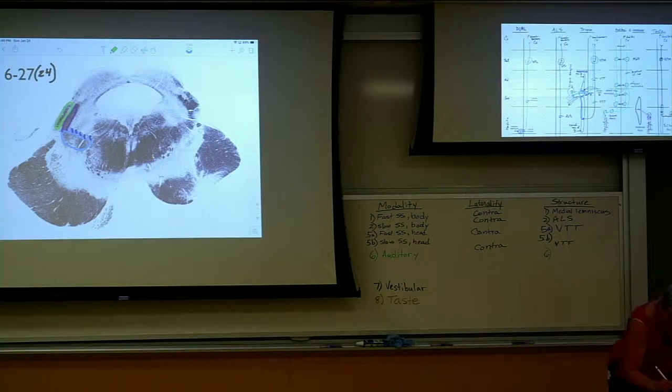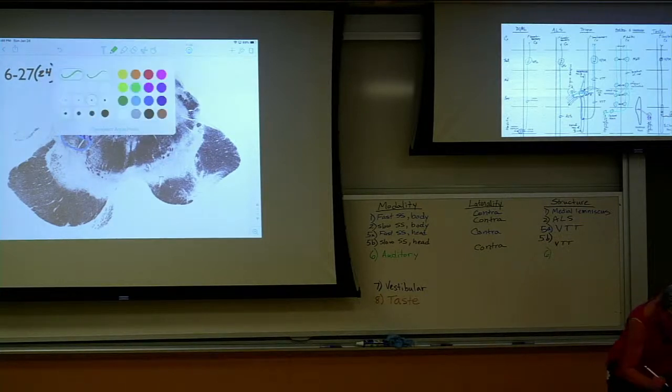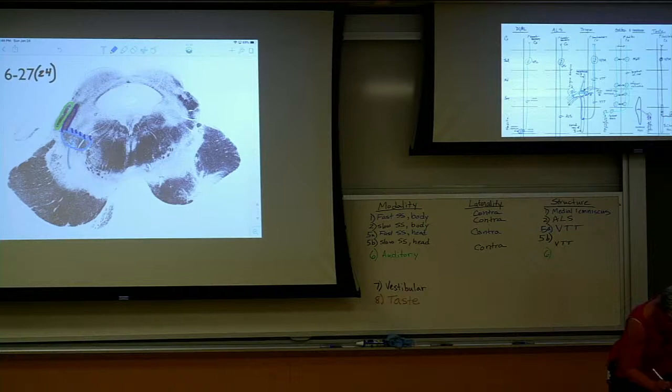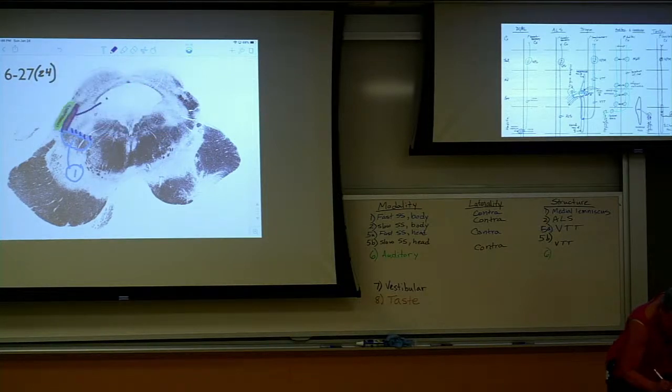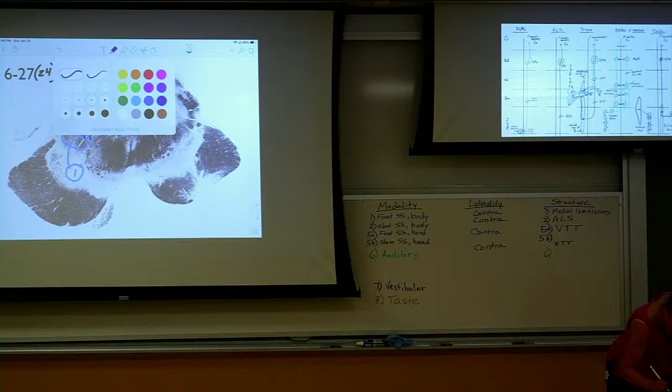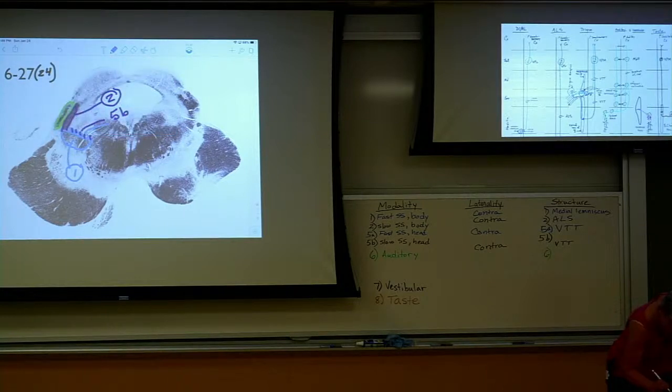All right, so let's go ahead and label these. So right here, we have our medial lemniscus. Here we have our anterolateral system. Here we have VTT, which of course has both fast and slow somatosensory information coming from the contralateral head.